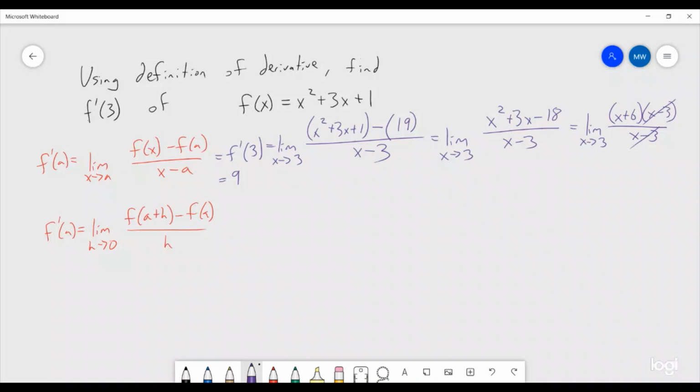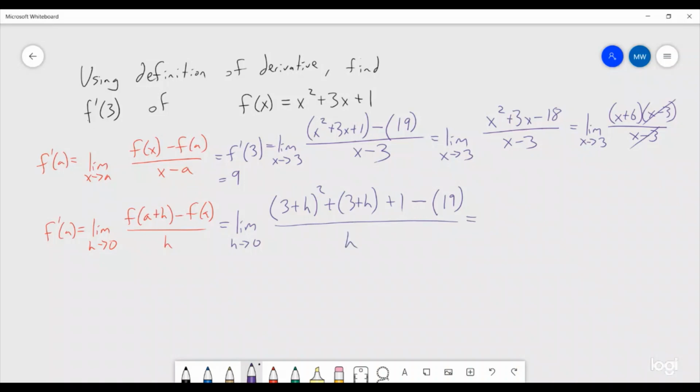Okay, let's do the same thing but with this other situation. The limit as h goes to 0 of 3 plus h squared plus 3 plus h plus 1 minus f of a, that's another minus 19, all over h.